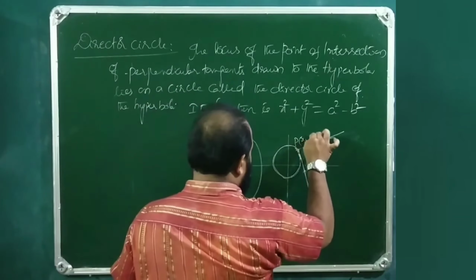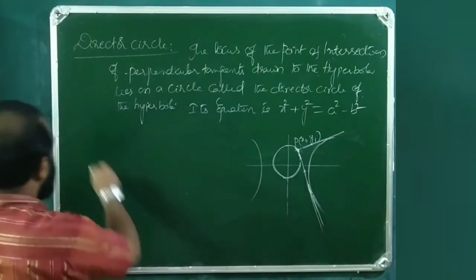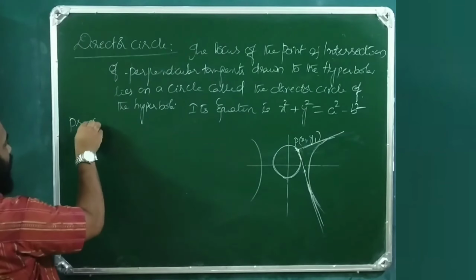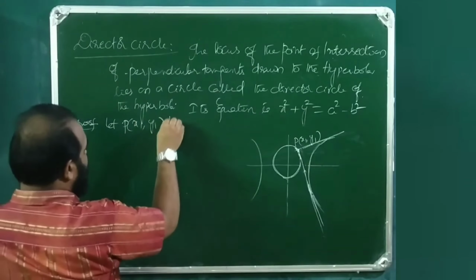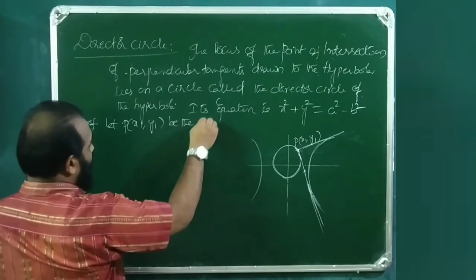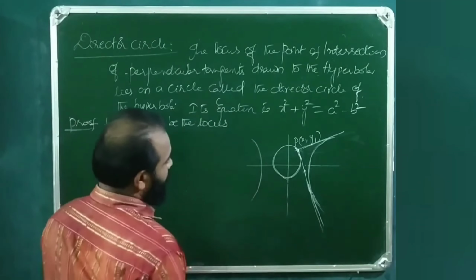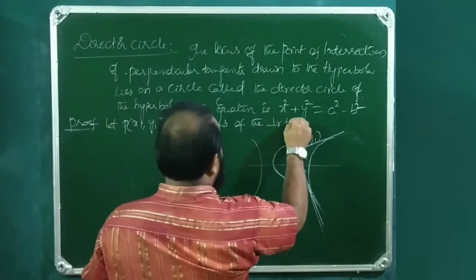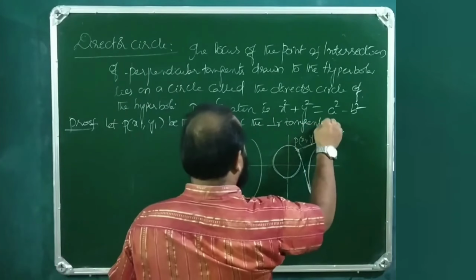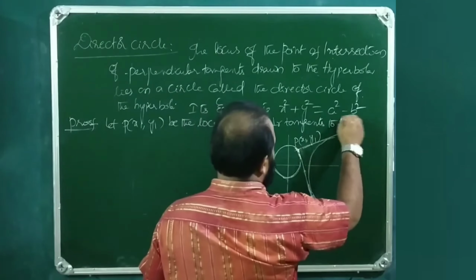So, P(x1, y1). I will take the proof. Let P(x1, y1) be the locus of the perpendicular tangents to the hyperbola.